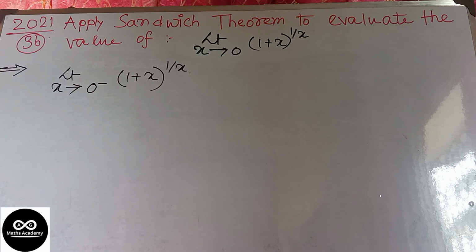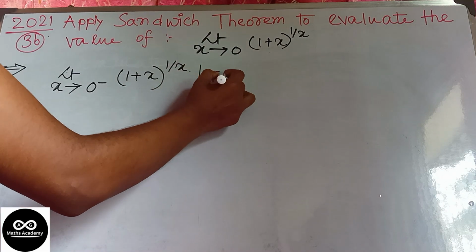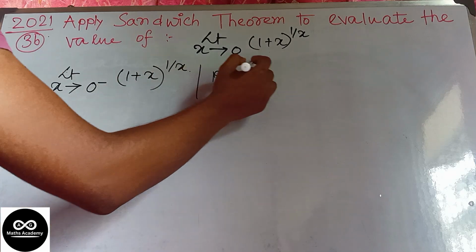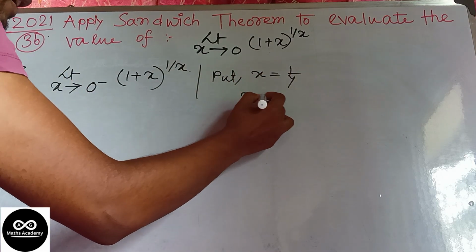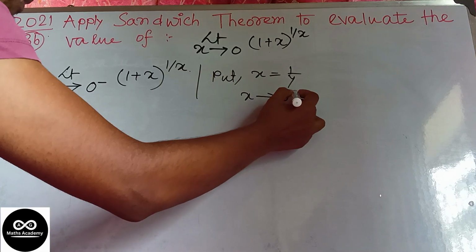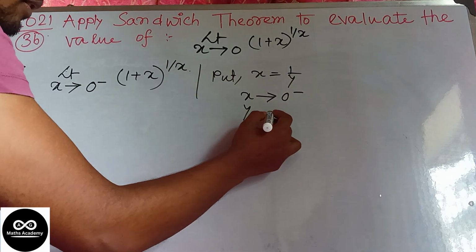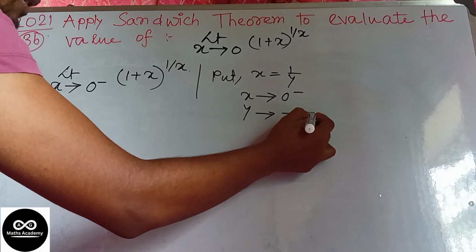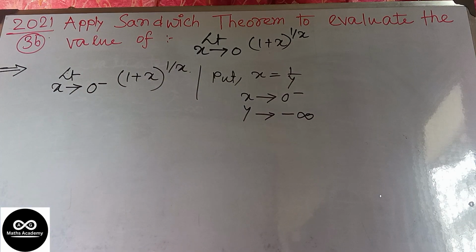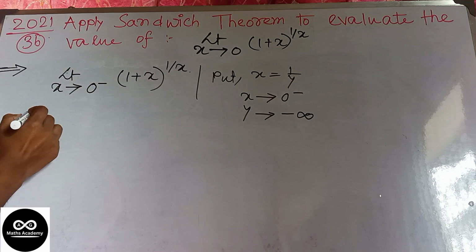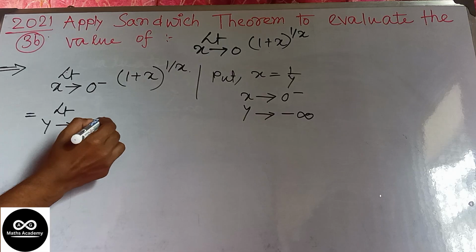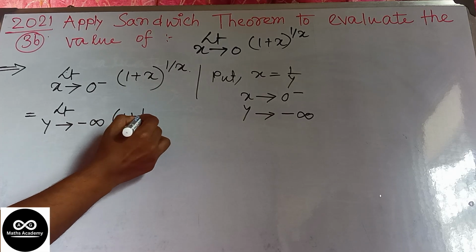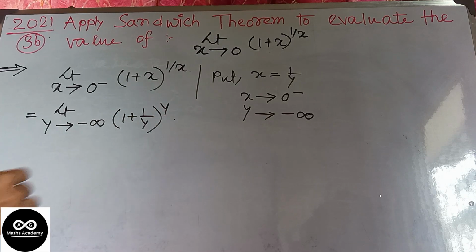Okay, so for this, put x equals 1/y, as x tends to 0 minus, y will tend to minus infinity. So this will be the limit as y tends to minus infinity of (1 + 1/y)^y.